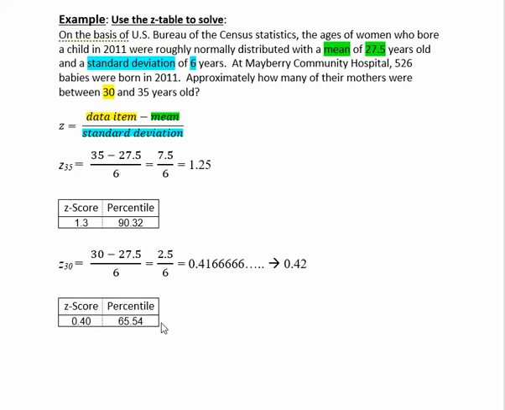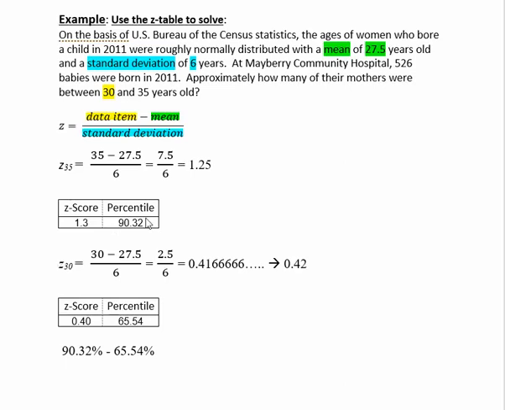Z-score 0.40, percentile 65.54. The question is asking us the percent. Actually, it'll eventually be how many, but we first have to answer the percent of mothers between 30 and 35 years old. So we're going to need to take these two percentile answers that we got from the table and subtract them.